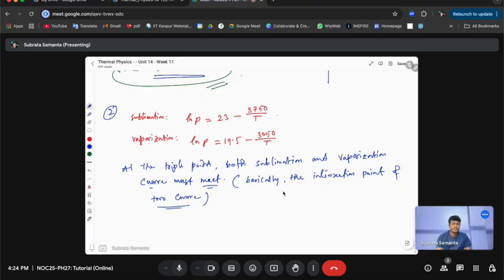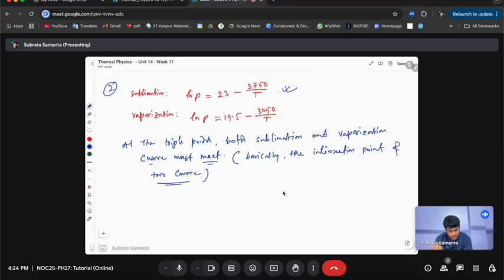Now we know the equations of the two curves: the sublimation curve is equation number 1, and the vaporization curve is equation number 2, in the PT plane.